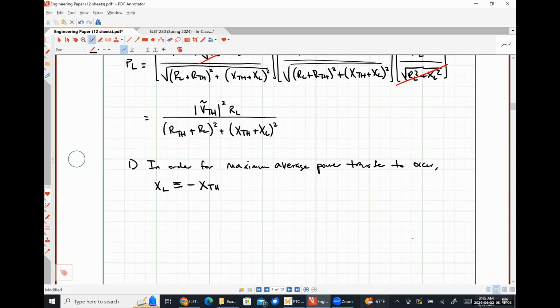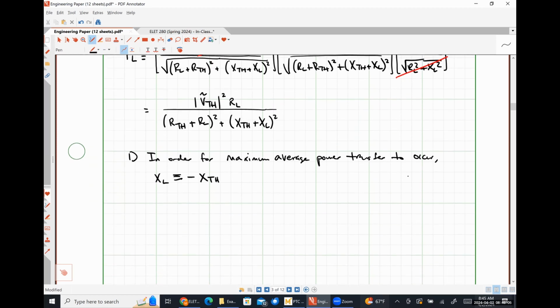Under that constraint, I'm going to call this PL prime, meaning we've already done one step. We would have VTH magnitude squared times RL over RTH plus RL squared.